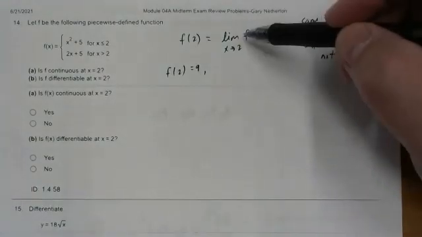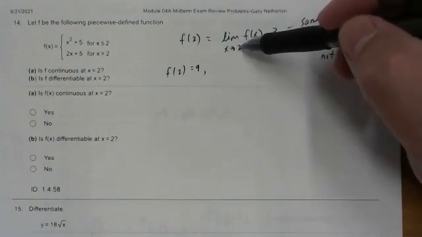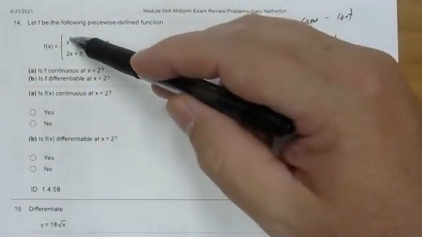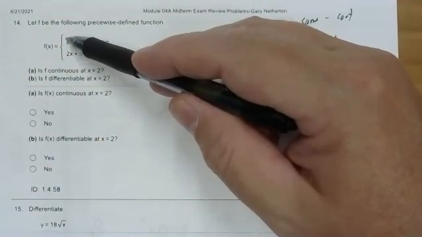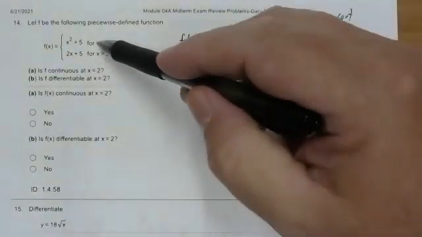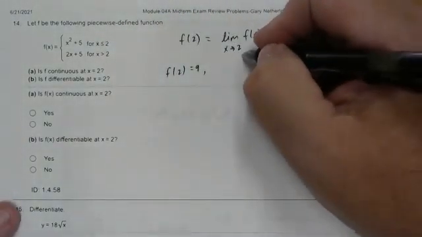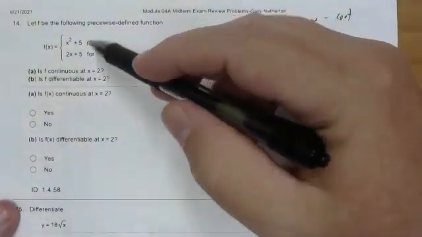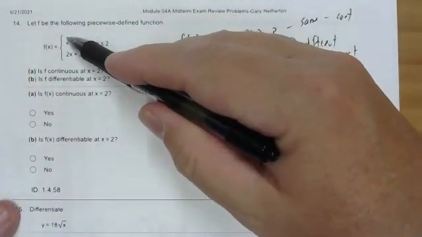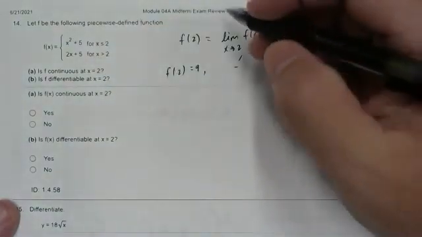Now the limit is a little bit of a pain because we're looking at the limit as x approaches 2. So we have to look at the limit as we come from the left side and the right side, because the place we're looking is the transition. So as we look at this from the left side, we look at this equation, we plug in a 2 for x and it's 9.